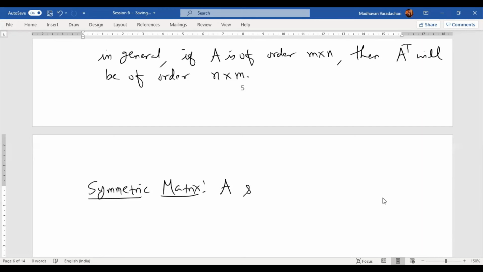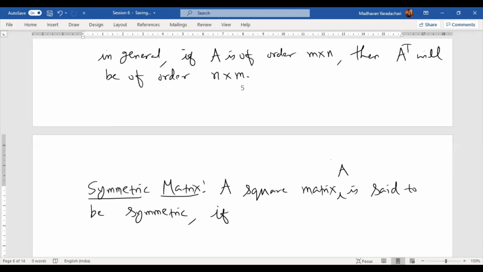A square matrix capital A is said to be symmetric if A equal to A dash or A transpose.